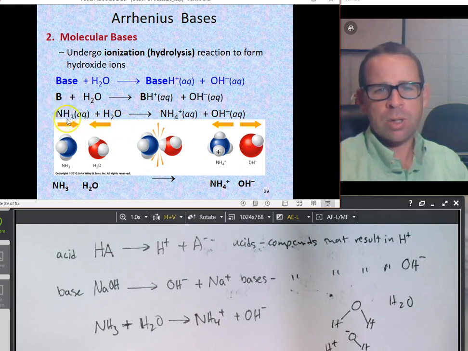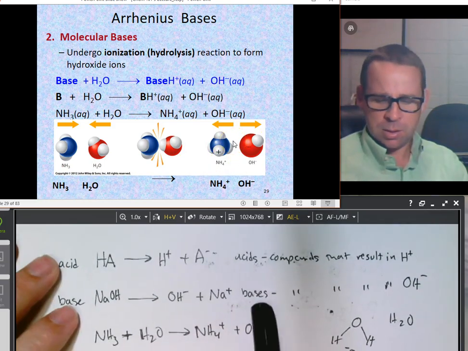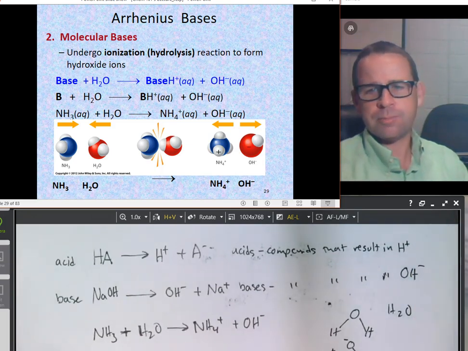So NH3, the one we just drew, interacting with water, makes the NH4 ion, and then it releases the hydroxide ion. And that's how you see that it is behaving as a base. Because, again, the definition of a base is a compound that results in the hydroxide ion when it's placed in water.